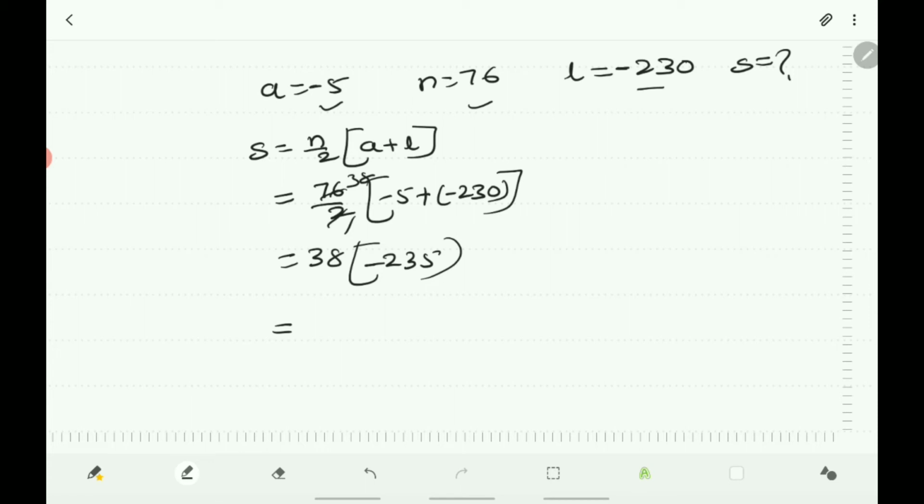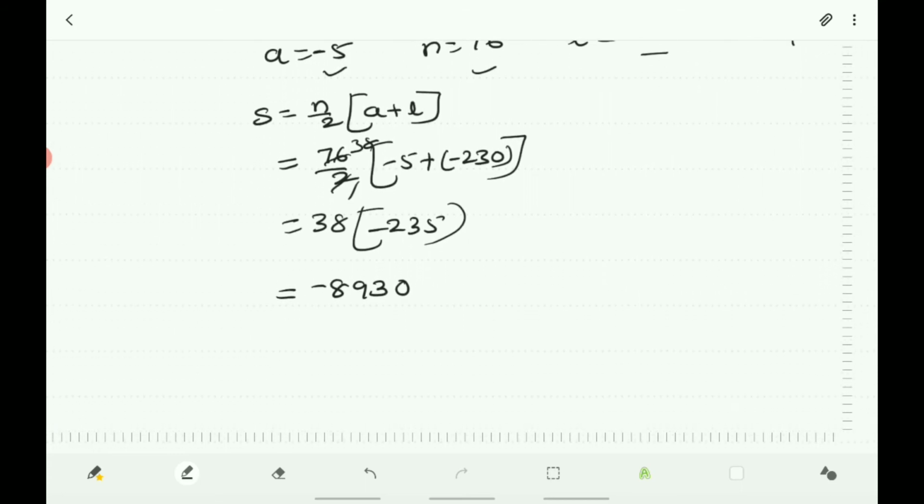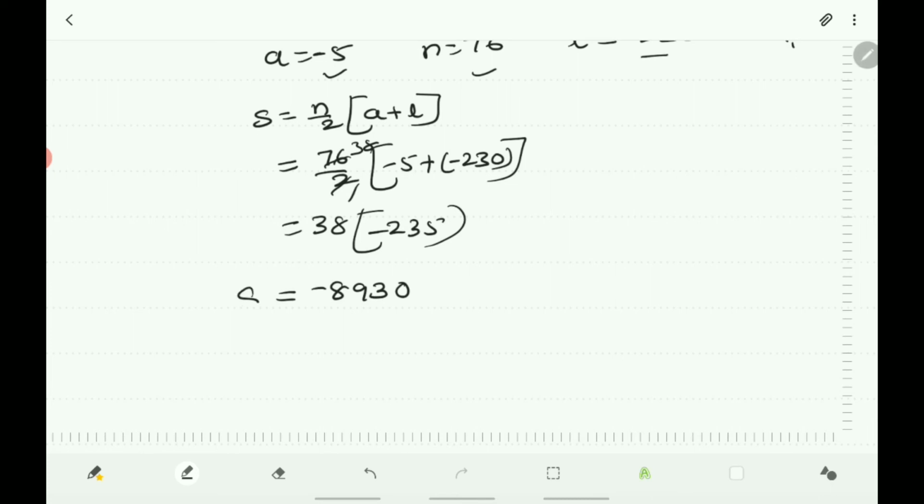If you multiply these two, you will get minus 8,930. So S is equal to minus 8,930.